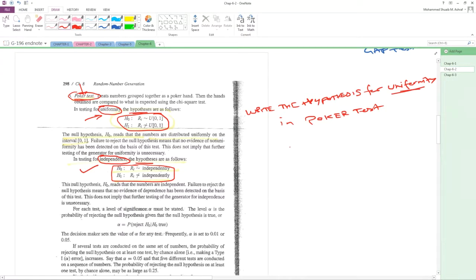So for uniformity, H0: Ri is uniformly distributed, U(0,1), and H1: Ri is not uniformly distributed on (0,1). So like this is the answer. Okay students, so this is the poker test.